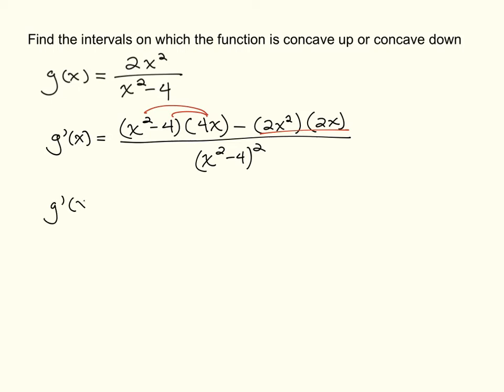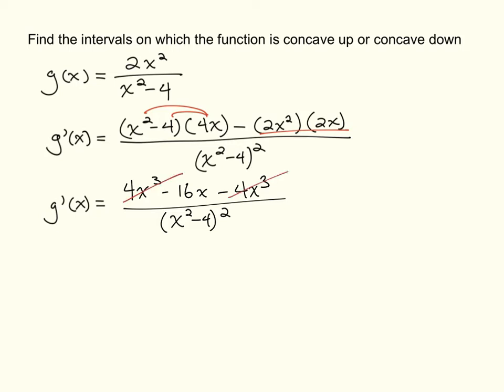So g prime of x will equal 4x cubed minus 16x squared, or just 16x, minus 4x cubed, all over x squared minus 4, the quantity squared. And with this simplification, you can see that the 4x cubed and the negative 4x cubed will cancel, leaving the derivative as negative 16x all over x squared minus 4, the quantity squared.